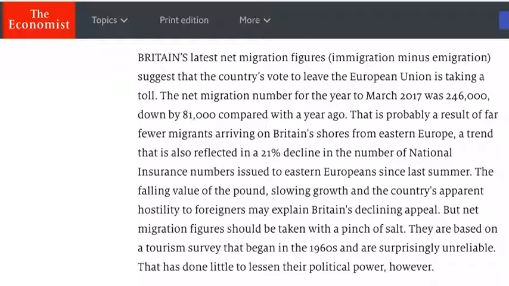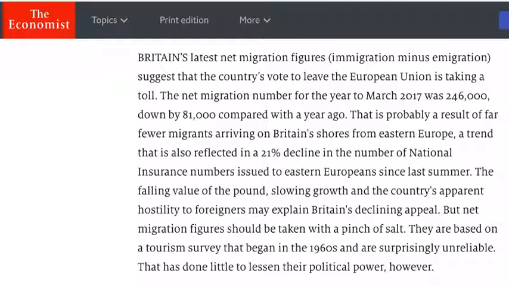So this is a statement. The first half of the sentence tells me what, when, how many. There's a comma. Down by 81,000. Down by. This is an expression you can use again and again. Down by how much? 81,000.